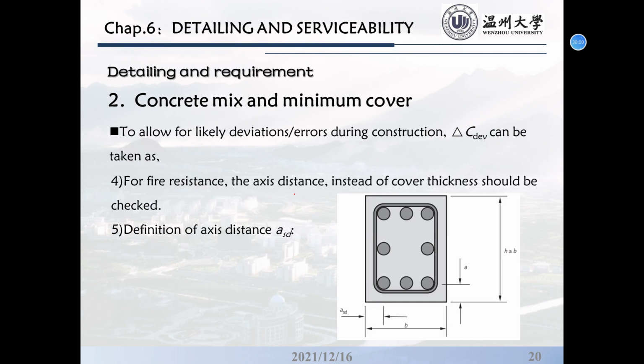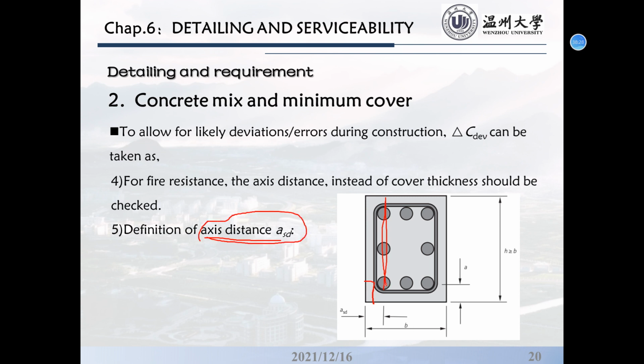Another thing is about the index according to these figures. Here is the axial distance, a. This is not to the surface. In reality, from here to here is the cover, but the axial distance is defined according to this one.